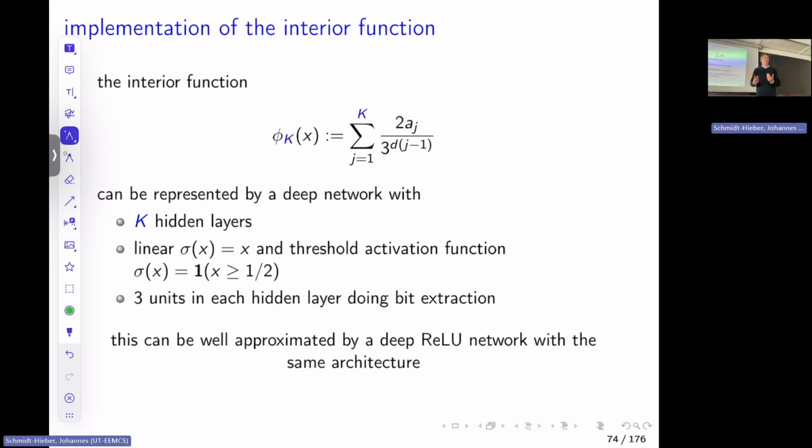Also, if you have maybe seen these bounds on VC dimensions, the lower bounds, it's all these bit extraction techniques that pop up in many different places in the theory of deep learning. And this always works the same way: with every additional layer, you can extract the next bit of your number, and then you can put these bits together in a new way in later layers. So if you're interested in the first k bits, then you should take k layers to approximate or represent it.